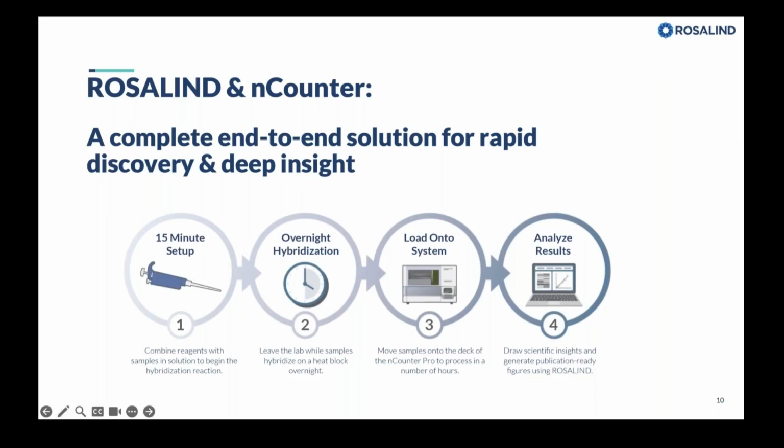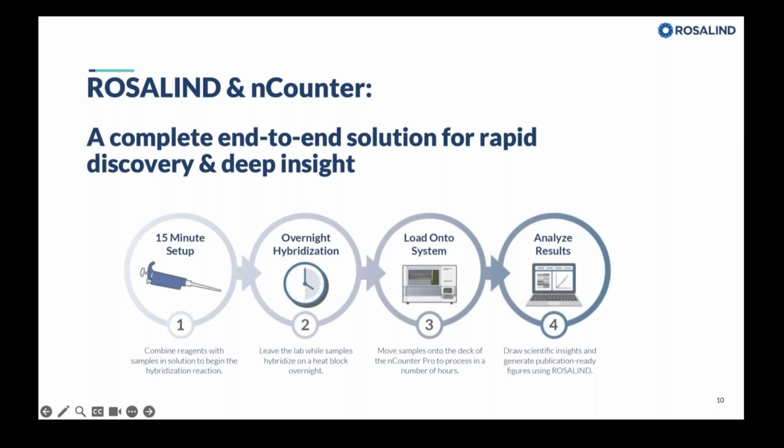Then you load it into the nCounter instrumentation, and you have your data from sample to raw data in less than 24 hours. At that point, you load it directly into the Rosalind platform, and then you can unlock all of the enhanced intelligence and knowledge capabilities that are available in the platform. So together is when you truly unlock the value of the two technologies.